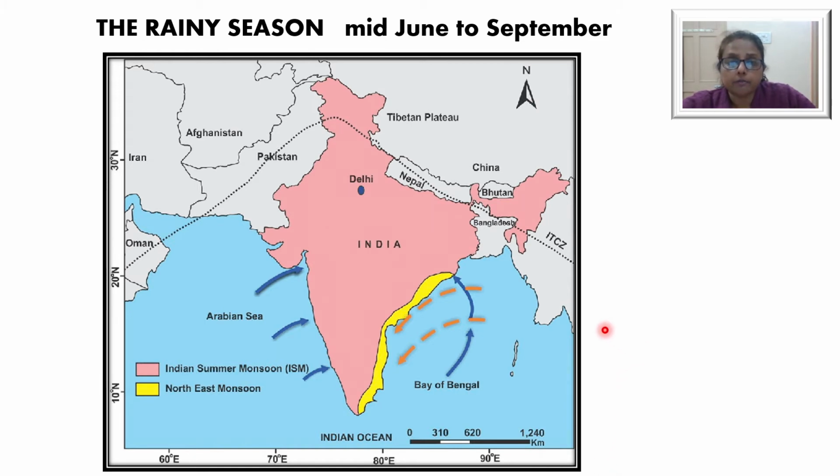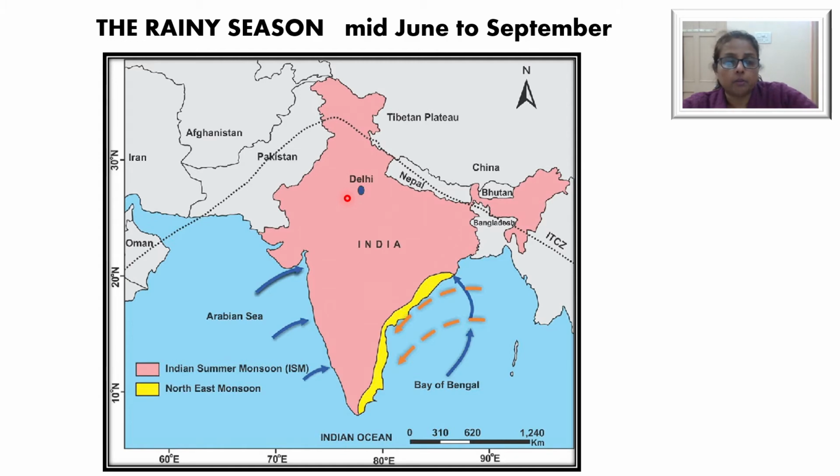A branch of the southwest monsoon passes over western Rajasthan, running parallel to the Aravalis. The Aravalis are over here, and the winds are moving parallel. As a result, this area does not get enough rainfall, which has led to the occurrence of the Thar Desert.